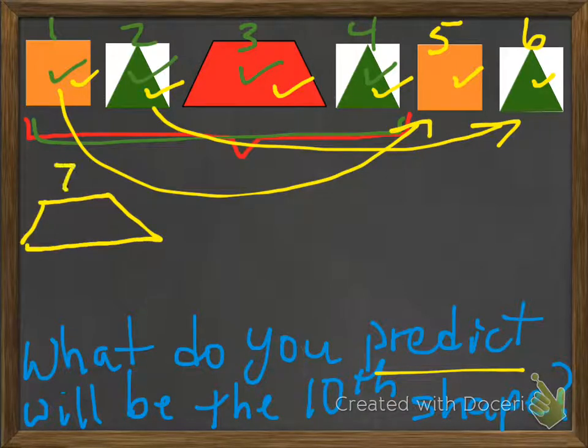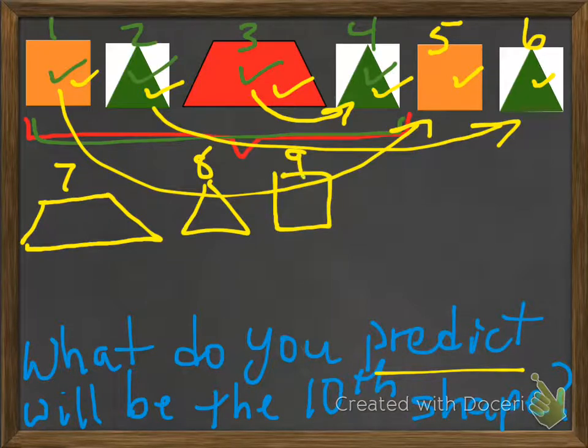And that would be number 7. Number 8 would be triangle. How do I know that? Because look, what comes right after the trapezoid? A triangle. And then we go to the next one, which would be square. That would be the 9th shape. And then finally, our last shape would be triangle. So we're just following the pattern here.